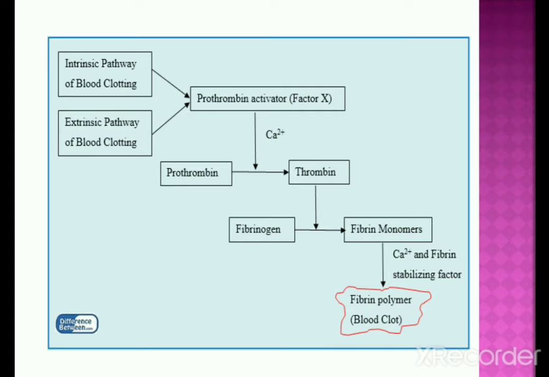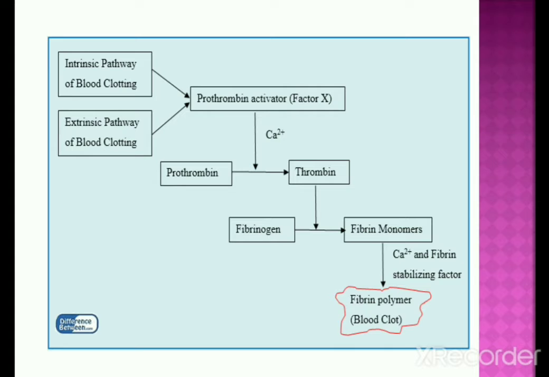Primary hemostasis involves two processes: first is vasoconstriction and then the platelet plug. In vasoconstriction, what happens? It is the first response of the body to injury in the vascular wall.